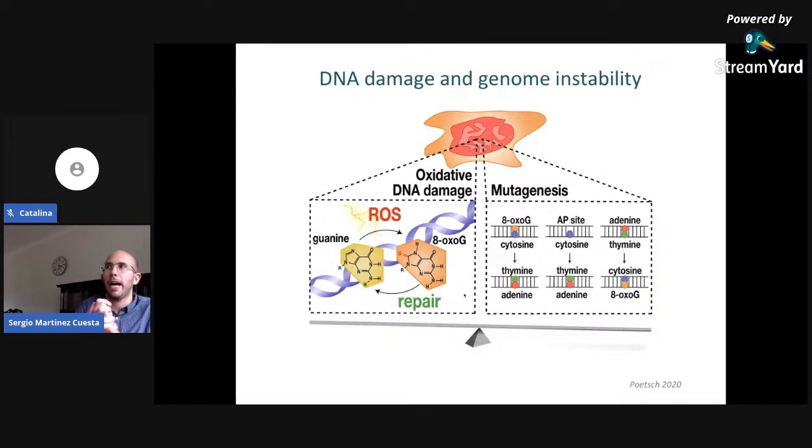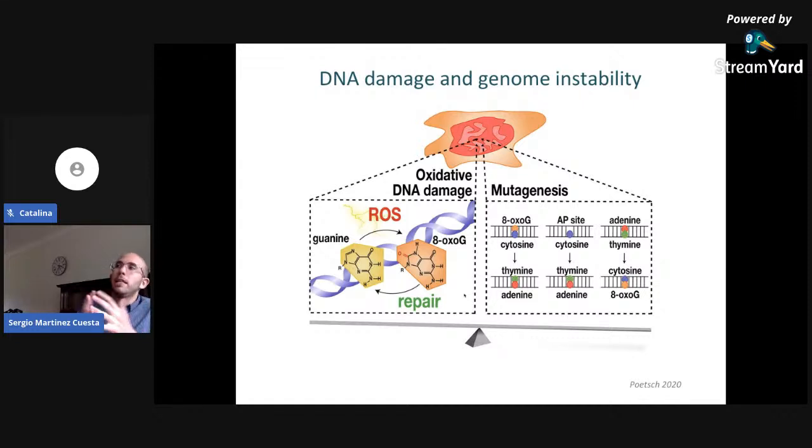On the one hand, you have the repair mechanisms that fix that modification. For example, when you have repair of 8-oxoG, which is a very common form of DNA damage, through an abasic site intermediate.